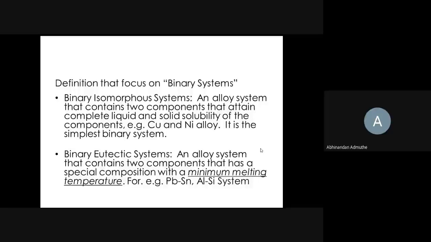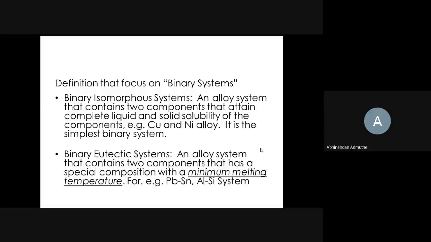Then the binary eutectic system. An alloy system that contains two components that has a special composition with minimum melting temperature. Remember the term minimum melting temperature. For example, lead tin and aluminum silicon system. The melting point of aluminum is around 660 degrees centigrade, and the melting point of silicon is above 1000 degrees centigrade.